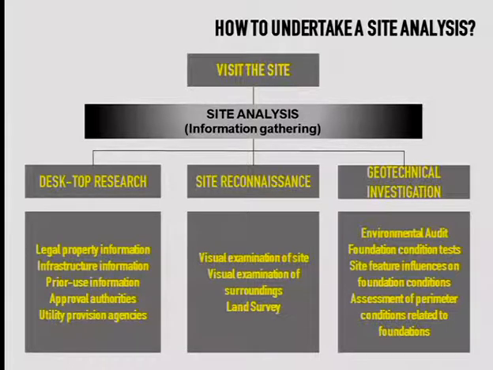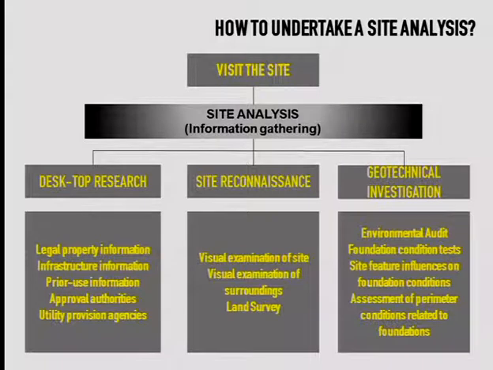Okay. Then when you go up to the site, you do a more detailed visual examination of the site. Okay. And in that you also include the surroundings, and you formalise that by getting a survey done of the site. Okay. And then you need to know what's below the ground. Okay, so is the ground contaminated?